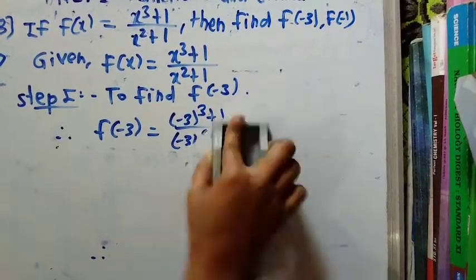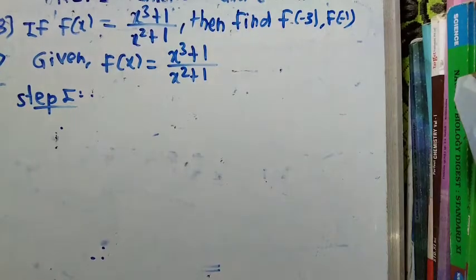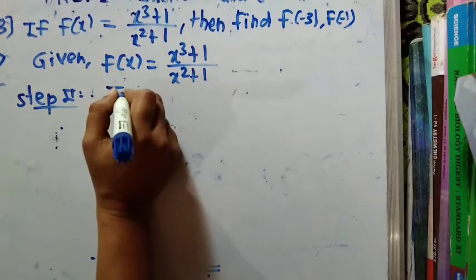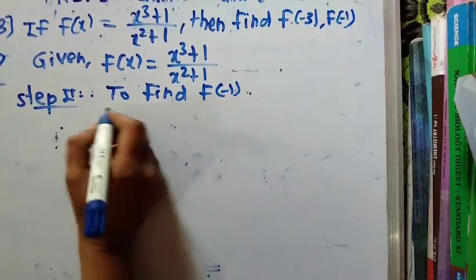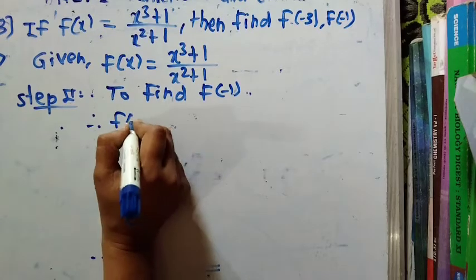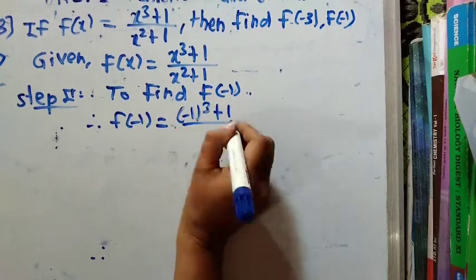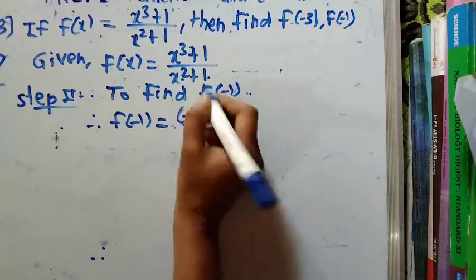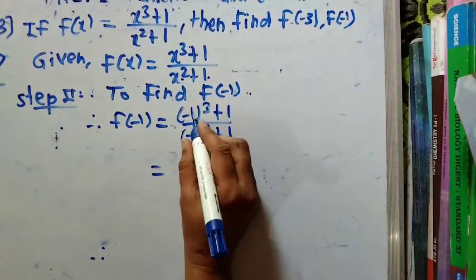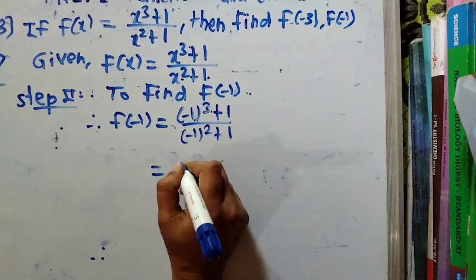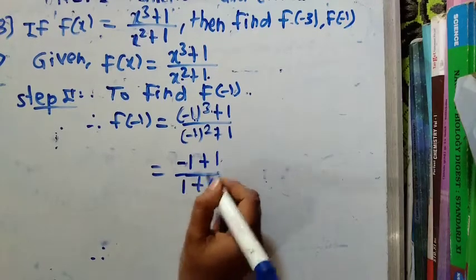Then step second, to find f of minus 1. So here f of minus 1 is equal to minus 1 cube plus 1 divided by minus 1 square plus 1, which is equal to minus 1 cube is minus 1 plus 1, minus 1 square is 1 plus 1.